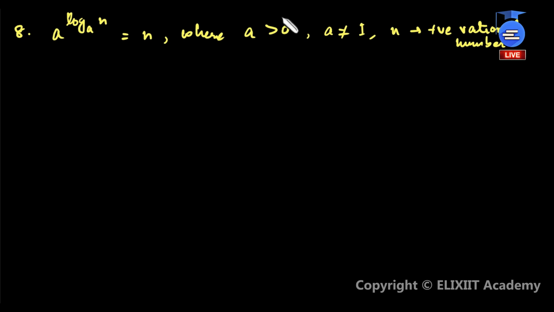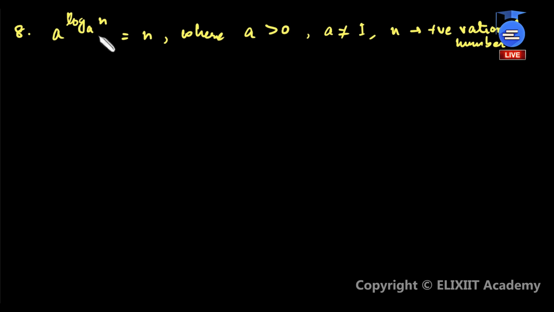So you convert this. If you have a raised to the power log n and the base is also a, then this is equal to n. This is the conversion of log basically. You can also see this by taking log both sides.